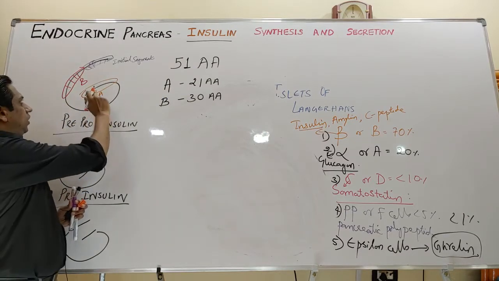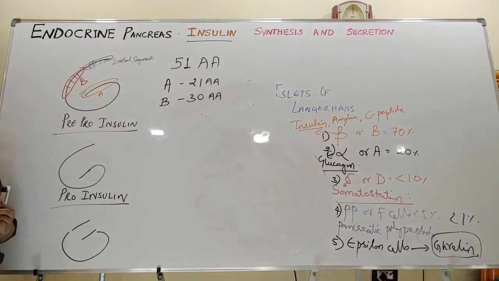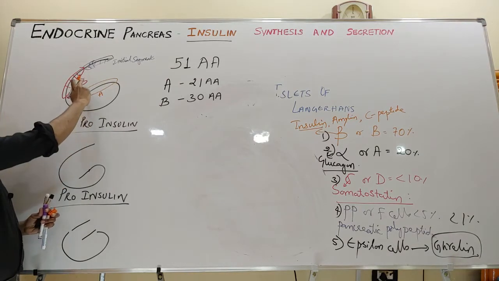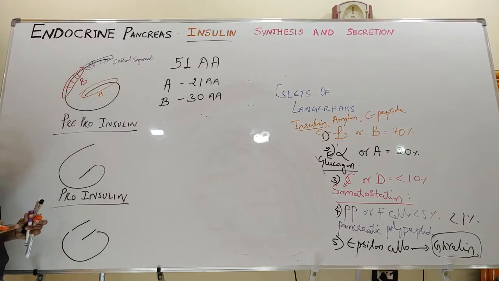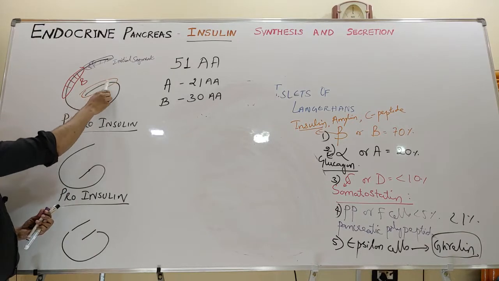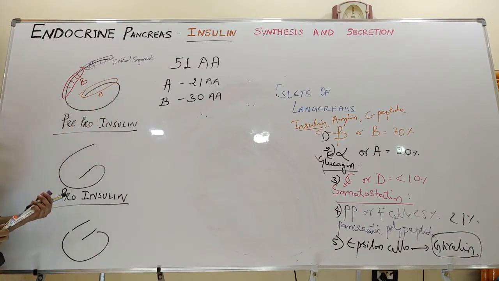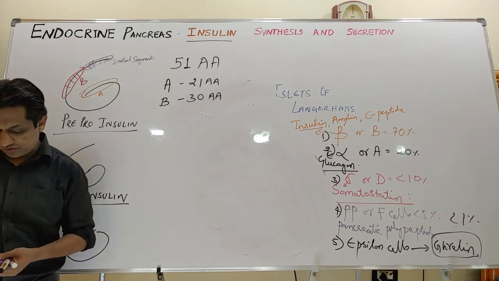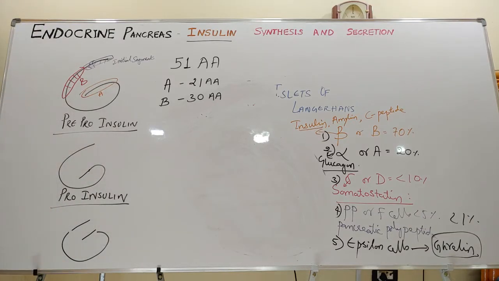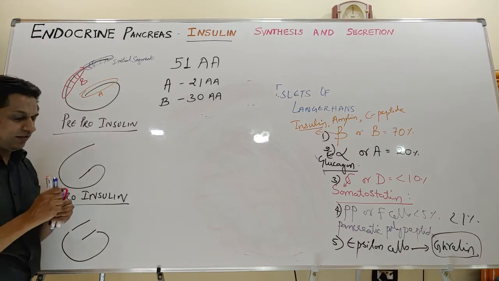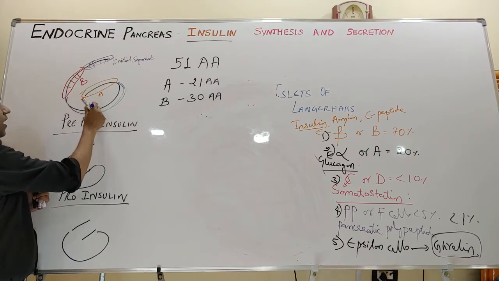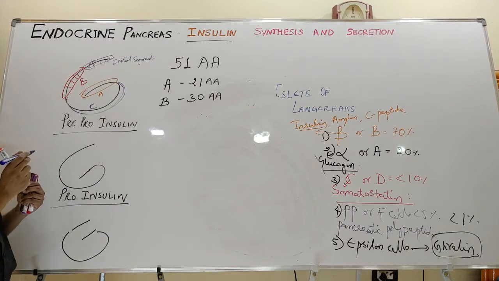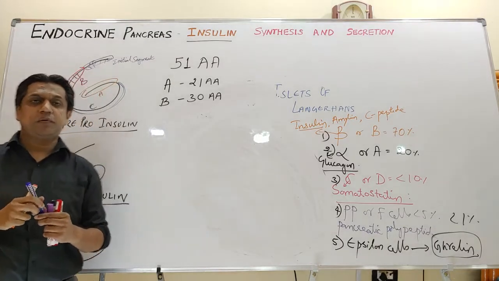The A and B chain, which is a polypeptide molecule, is connected by a C-shaped structure, known as the connecting peptide or C peptide.